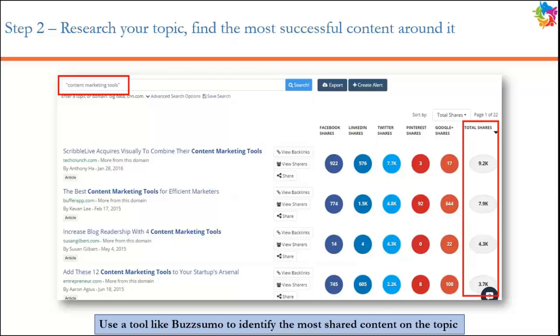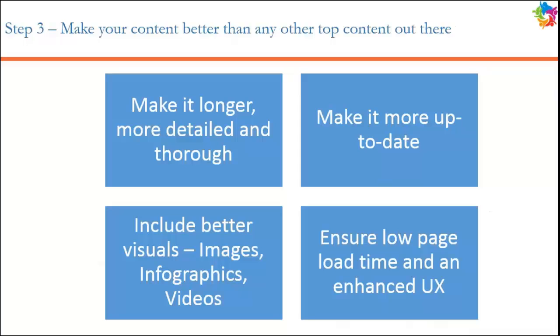And step three is to go and make your content better than any other top content out there, right? You already figured out what is the most shared content, what is showing on top in Google search for that particular topic. Your job now is to ensure that the content you create on that topic is much better than any other top content out there, right?